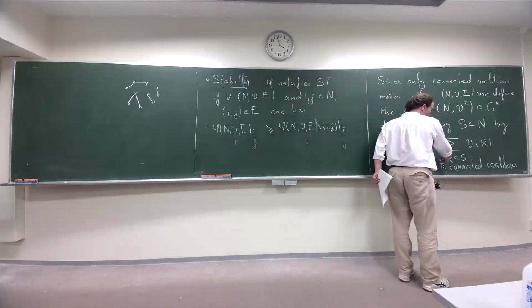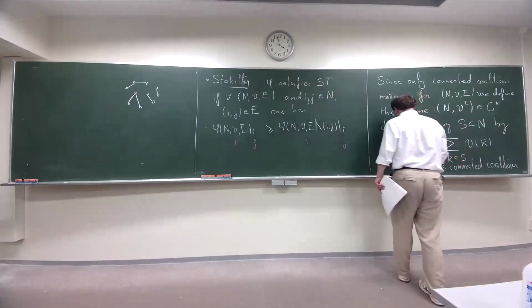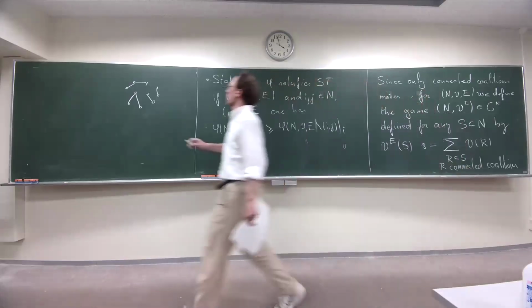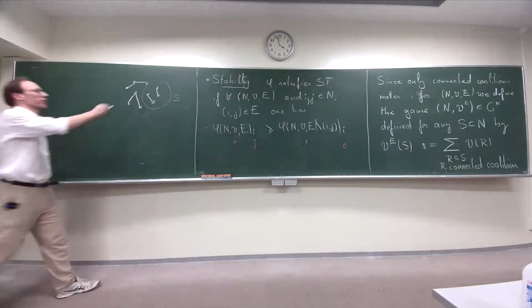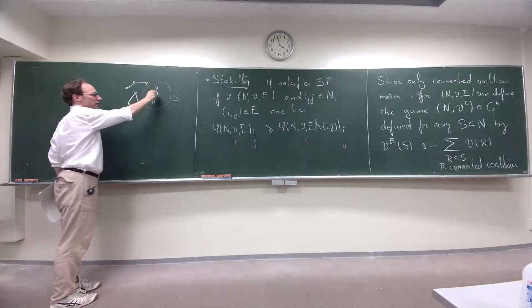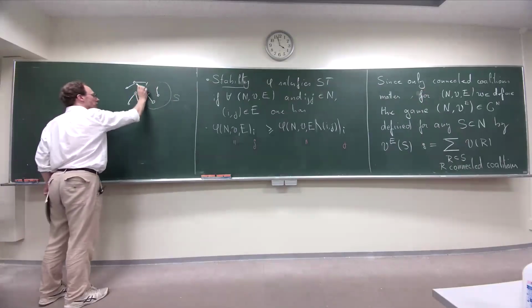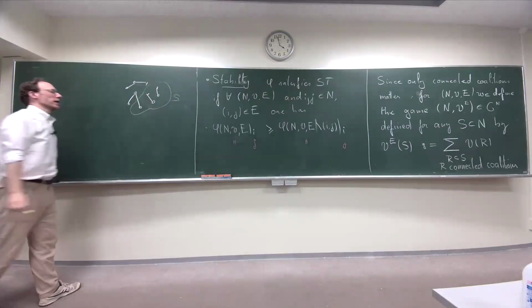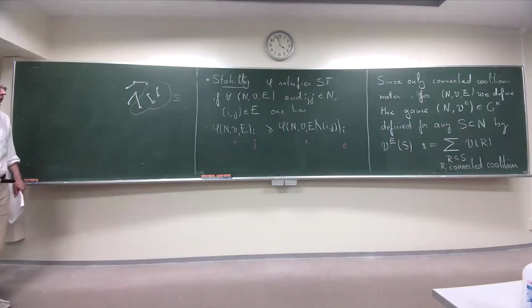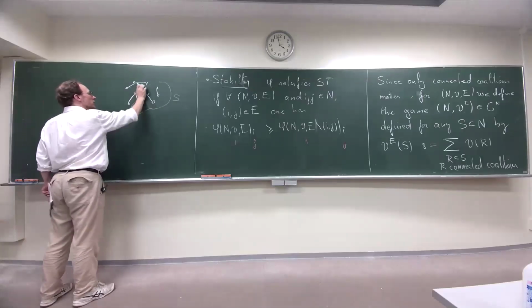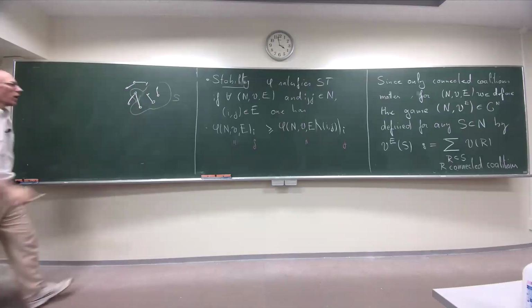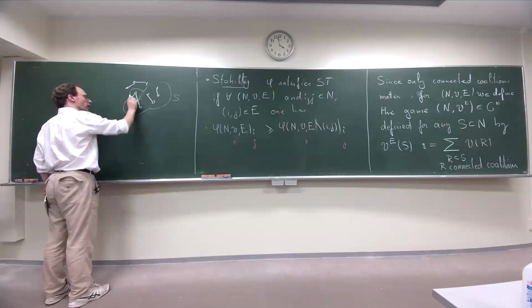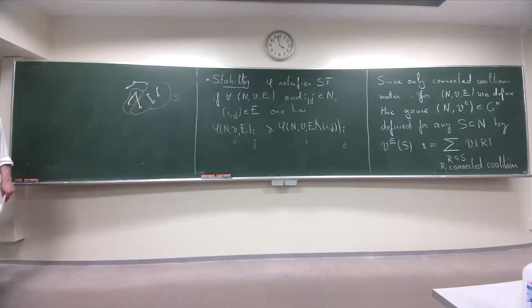I take all connected coalitions inside S. So suppose I take S, that's easy. I sum the V of this coalition and the V of this one. If I take S like this, it contains still and only two connected coalitions. So it's the same value. And the same if I do this, it's still the same number. While if now I take this one, there is a new connected coalition inside.